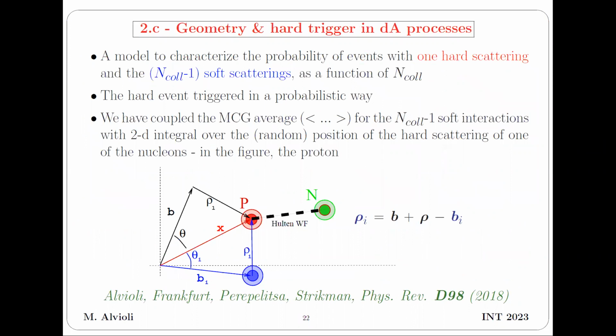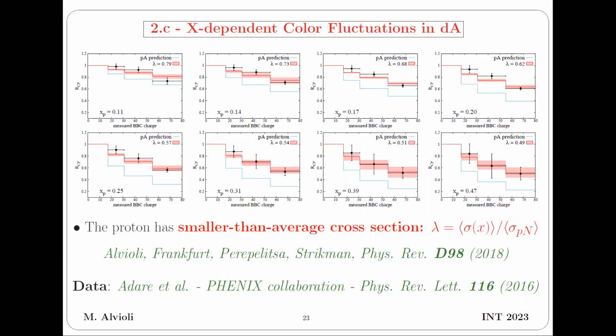This machinery can be extended to a number of different arrangements. For example, if one wants to look at dA data, in which one has an incoming neutron instead of a proton, and still one has one hard scattering with one of the two nucleons in the deuteron, for example the proton in red here, then one can still use this description for the geometry of the hard scattering coupled with color fluctuations.